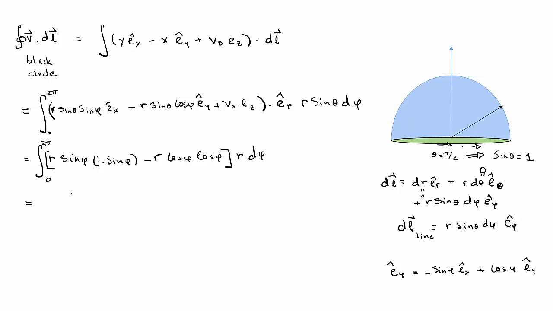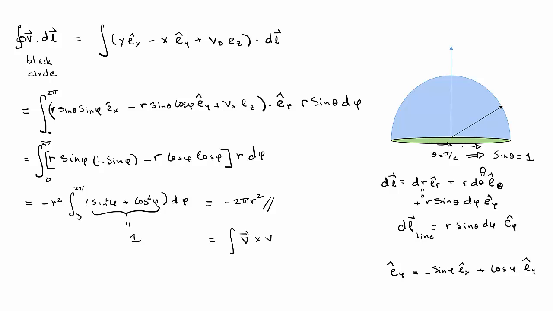So let me factor out the minus sign and an r squared. So I get minus r squared, 0 to 2 pi, and then I have sine squared phi plus cosine squared phi d phi, but from the Pythagorean theorem this is simply 1, so it's the integral of 1 d phi from 0 to 2 pi, and so we get minus 2 pi r squared, which is exactly what we had for the curl of V on the blue surface.